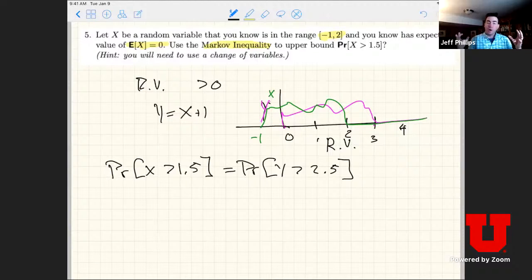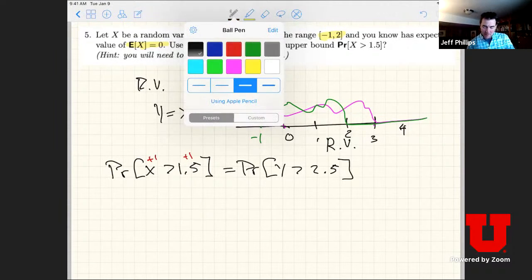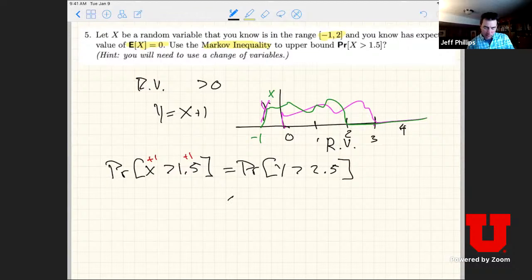I've added 1 to both sides of this inequality. And now I can use the Markov inequality to say that this is less than the expected value of y divided by 2.5, because now y is strictly greater than 0.